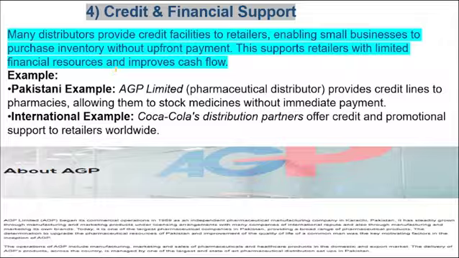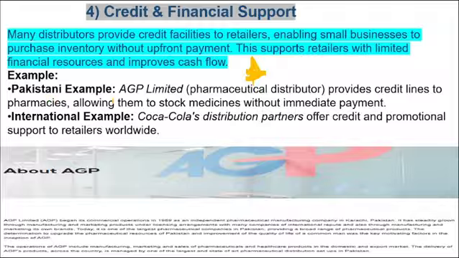Many distributors give credit limits to their customers, depending on the nature of the relationship between the retailer and the distributor. If the retailer has a good relationship, the distributor gives long term credit terms and limits. So this is what distributors mainly do, give the limits.